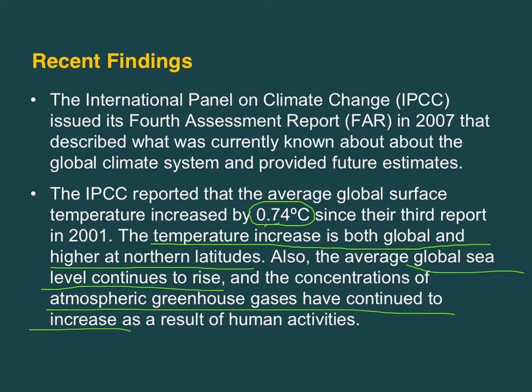So they kind of all go together, right? More greenhouse gases should trap more heat, all right? The more heat that is trapped, the warmer it should be. And the warmer it should be, the more ice should melt.